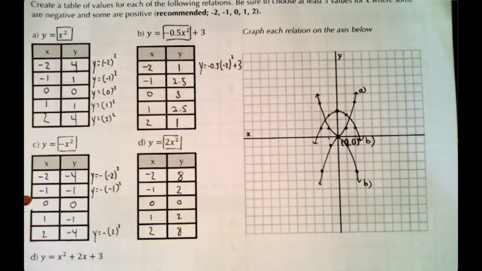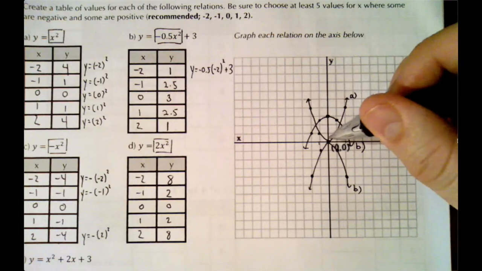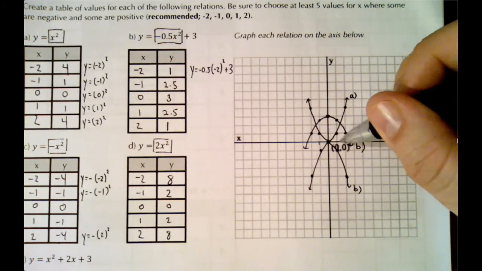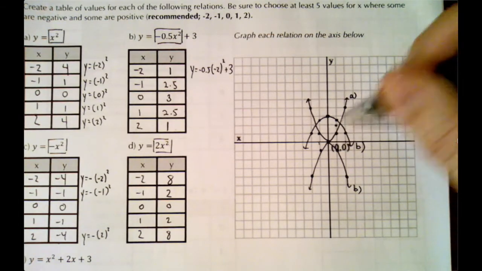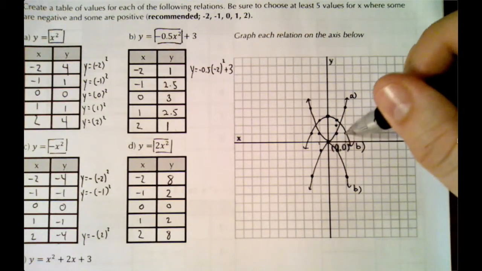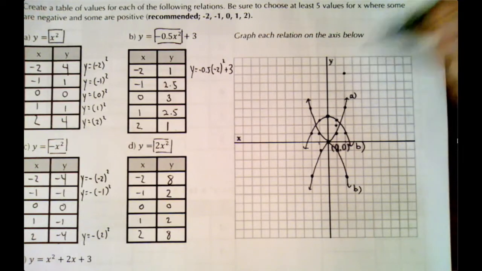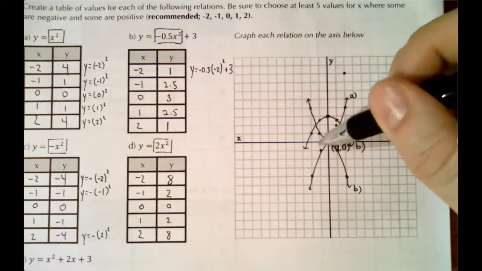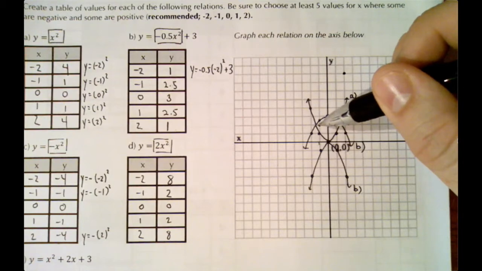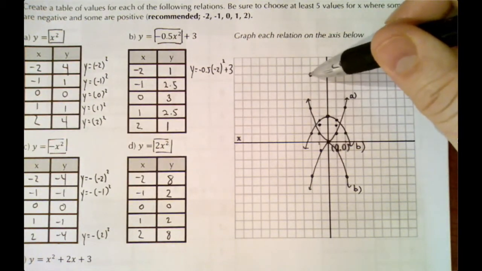Let's graph these points. I'm going to start with 0, 0 again. Hey, look at that right there. And 1, 2 would take me here, getting a little bunched up. And 2, 8. 1, 2, 3, 4, 5, 6, 7, 8. And on this side, negative 1, 2, and negative 2, all the way up to 8.